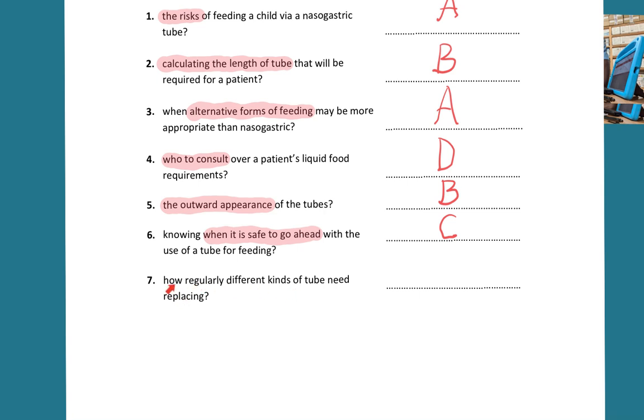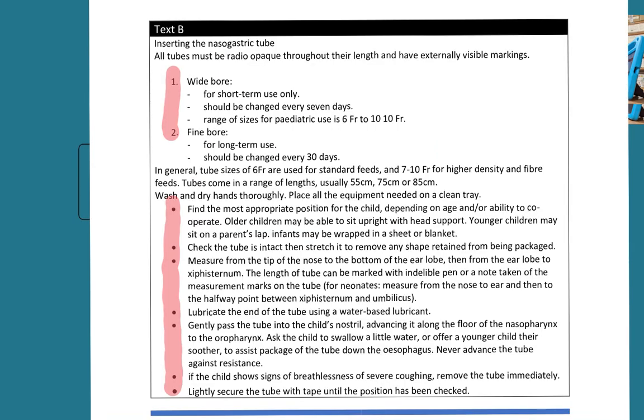And we look for the information about how regularly replacing or need replacing. All right. So guys, because of the important information about different kinds of tubes, that is why we came to this text. We have all tubes, okay, and we have one wide bore for short-term use only. Should be changed every 7 days.